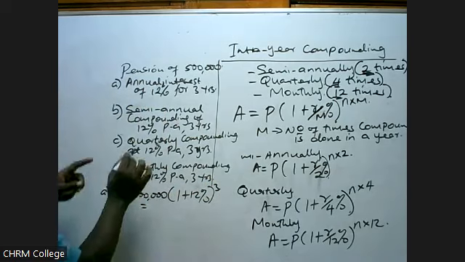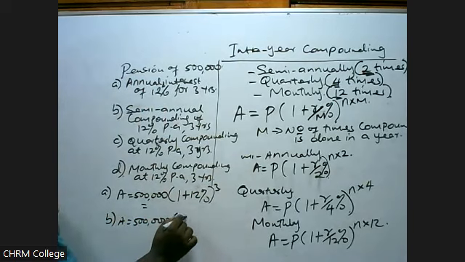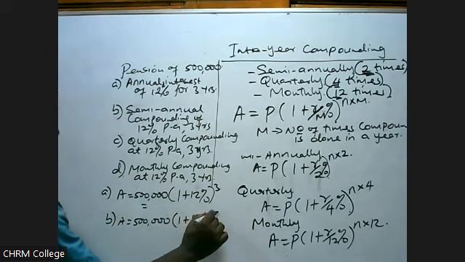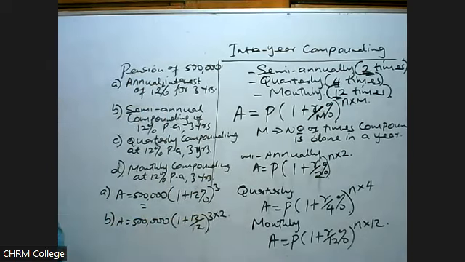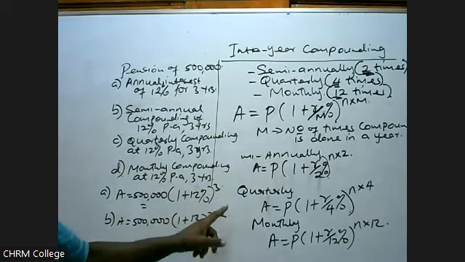For B, when it is semi-annually, we shall take amount to be equal to 500,000 into 1 plus 12, we shall divide it by 2 when it is semi-annually, and then it was 3, we also multiply by 2. This rate we divide by 2, the time we multiply by 2.